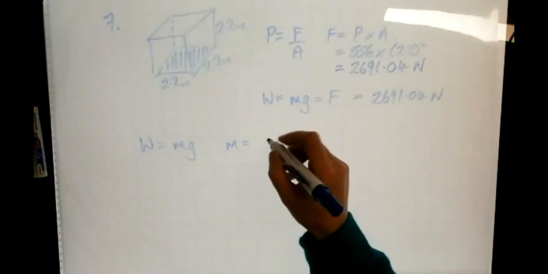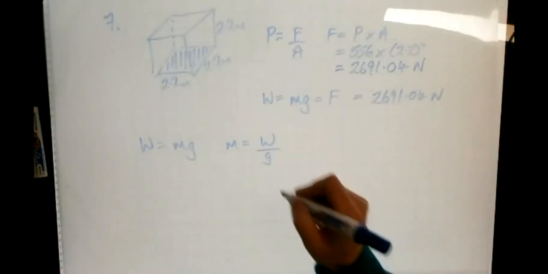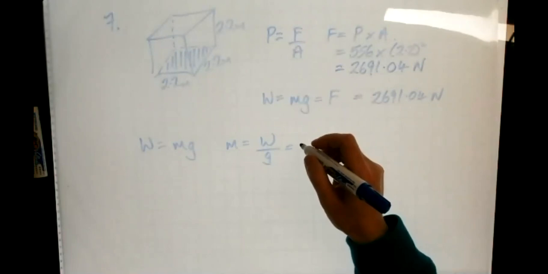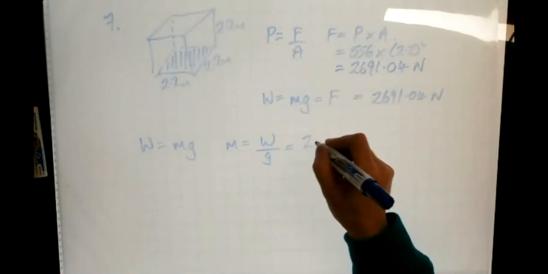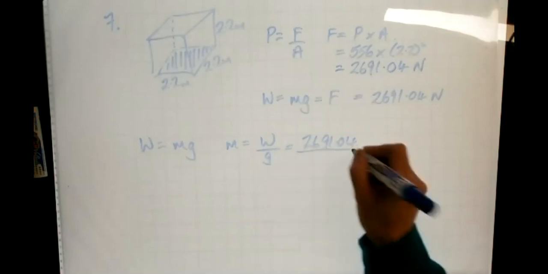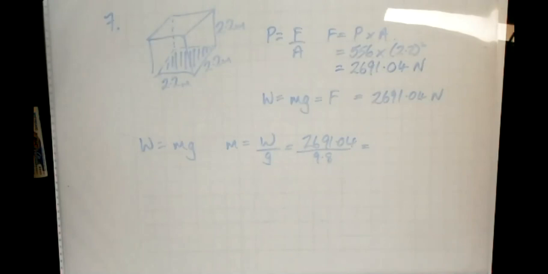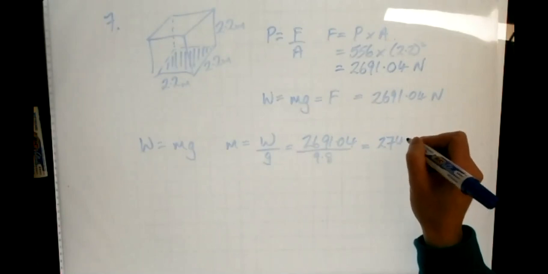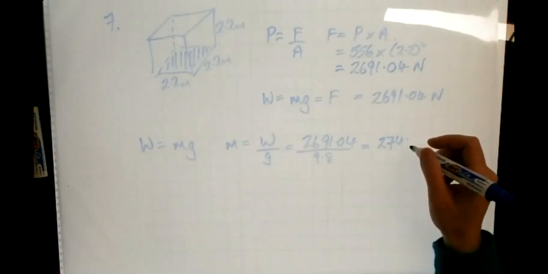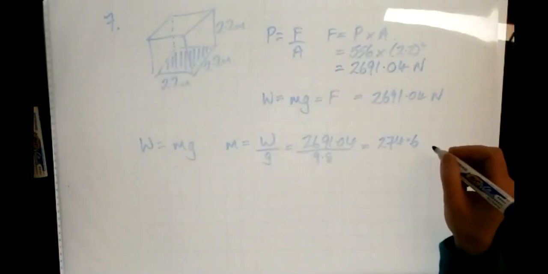So the mass is 2691.04 divided by 9.8, which we round off to 6.6 kilograms.